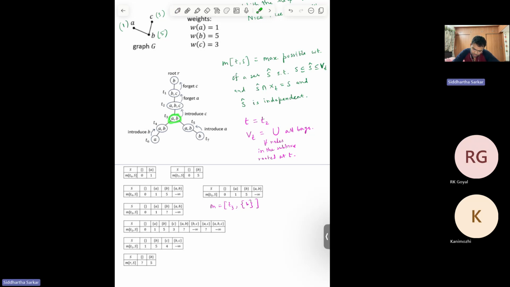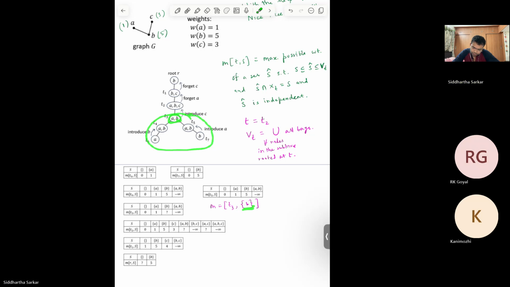So you want to identify a maximum possible weight set S cap such that, what is S? S is B. B is a subset of S cap, and S cap is a subset of all these things taken together.